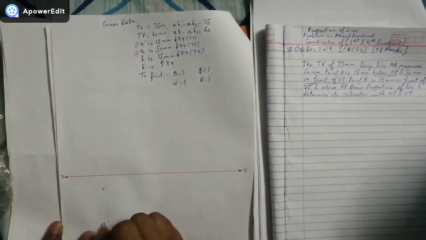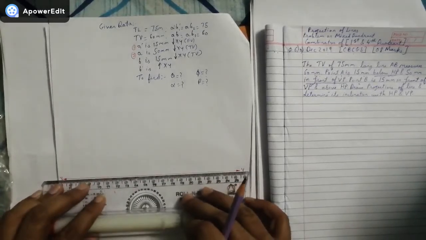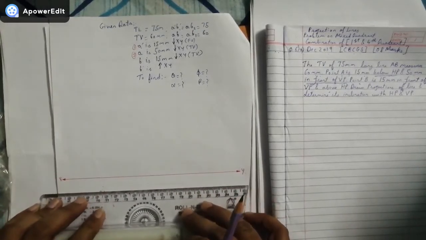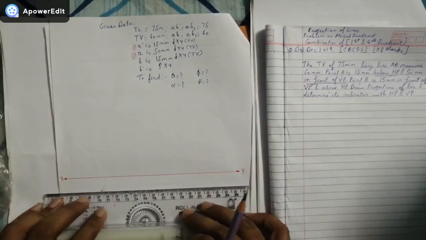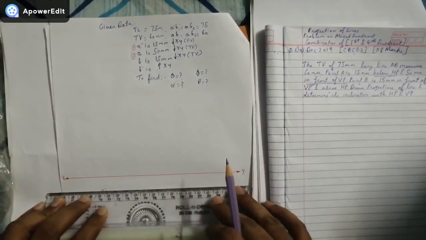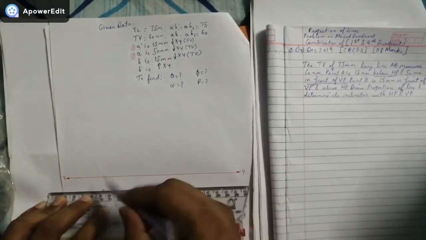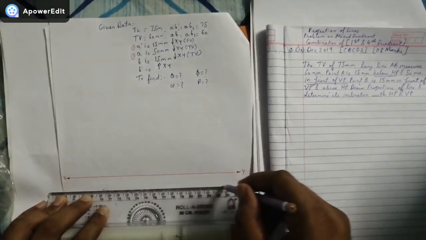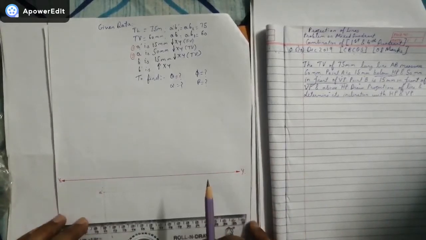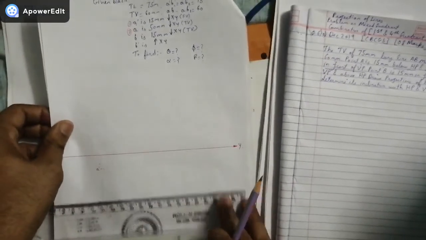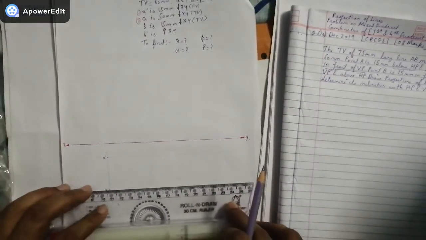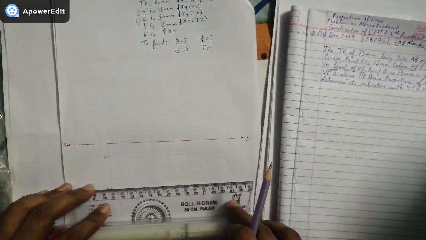So A dash will be over here and A is over here. Once I get this, I will be drawing the locus lines of A dash and of A. For the locus of A, I'll be marking it over here at a distance of 50 mm below the XY line.